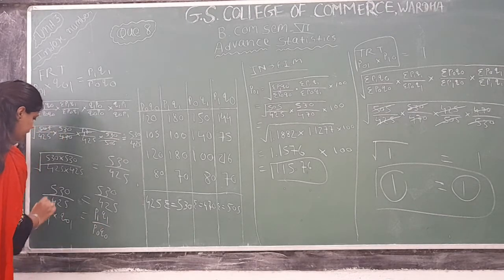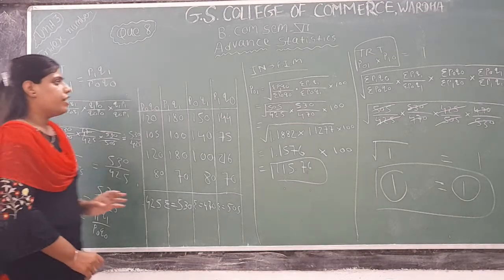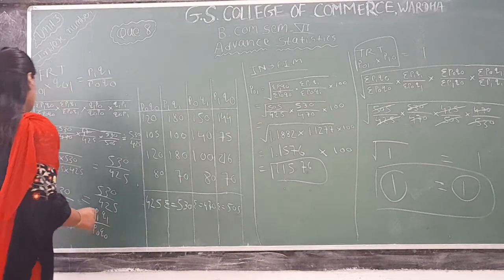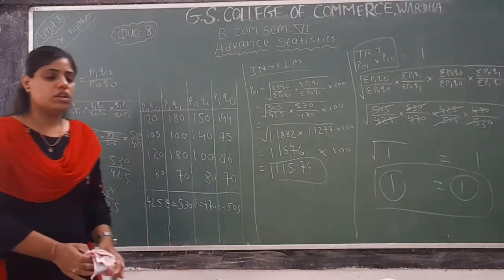That is why we can say that the factor reversal test is also satisfied by Fisher's ideal index number method. This way we have completed the tests of consistency of index numbers.